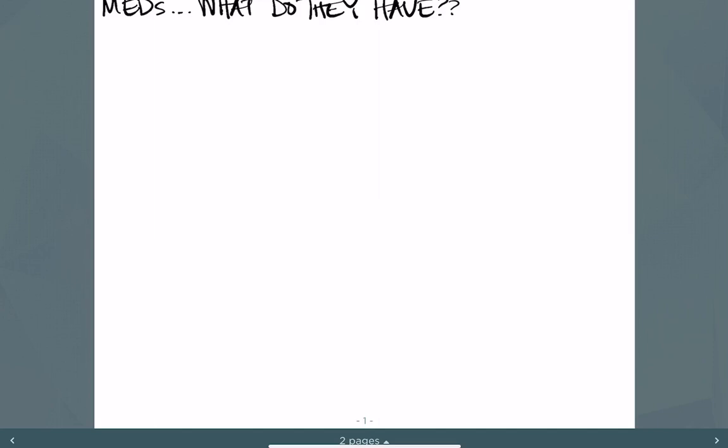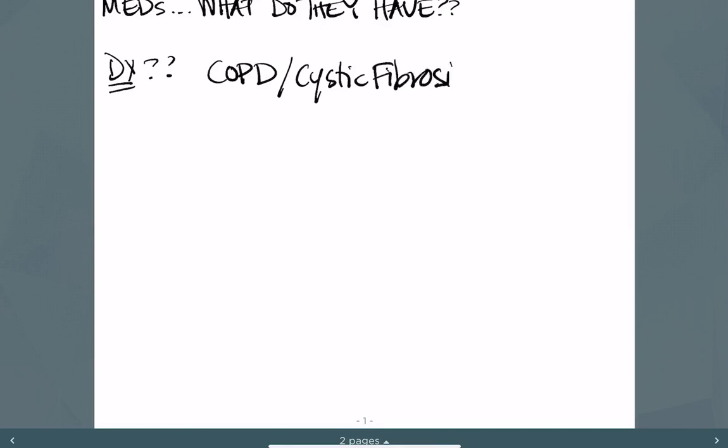All right, so they're on 2 bronchodilators. So kind of what diagnosis might that be? So possibility of something obstructive, maybe COPD. Could be possibly cystic fibrosis with the double dose of bronchodilators.